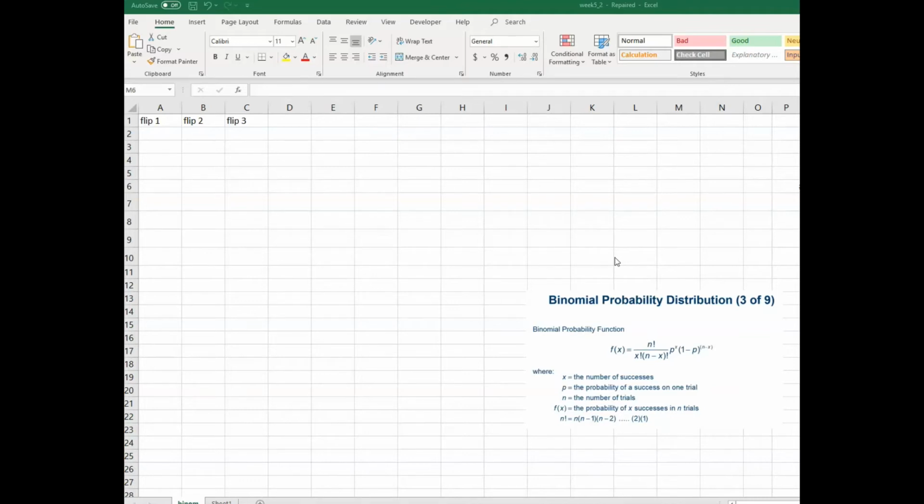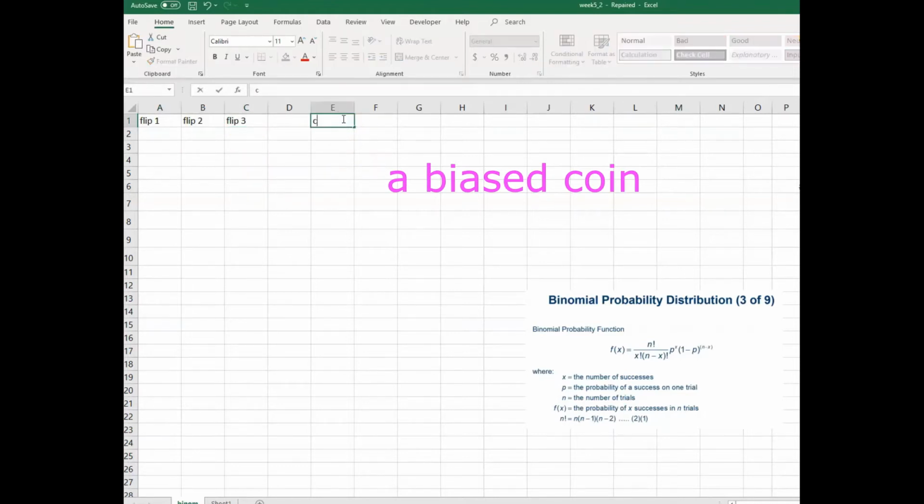Here I use a coin. Let's flip a coin: we flip once, a second time, a third time. Suppose this coin is biased, with a 30% probability of head.